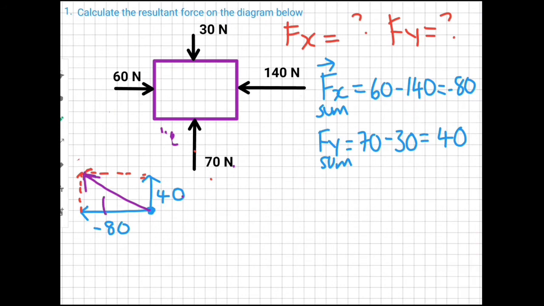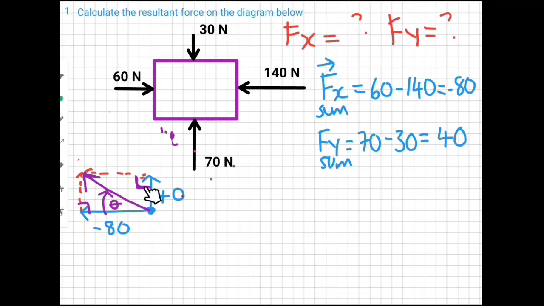Guys, remember always the angle theta is easier if you draw it from the horizontal axis to the vector. And then I now know that these forces are perpendicular because why? The x-axis and the y-axis are perpendicular to each other. So these are perpendicular vectors.